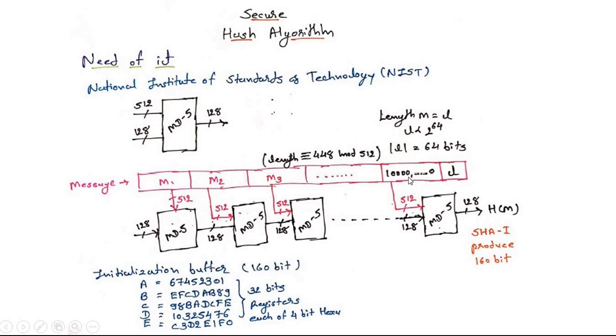Same padding bit, you have to use a 1 followed by a number of zeros. The fixed size L bit you have to produce as input, and you have to use the initialization buffer, and then in the final step, the 4th step, you will receive the 160-bit output from the SHA secure hash algorithm.